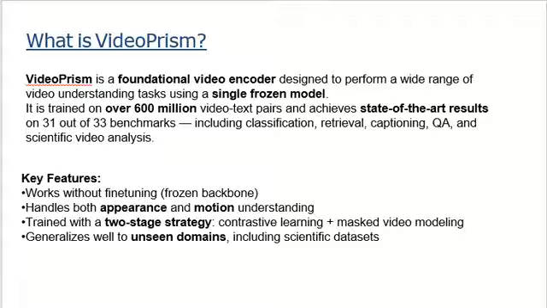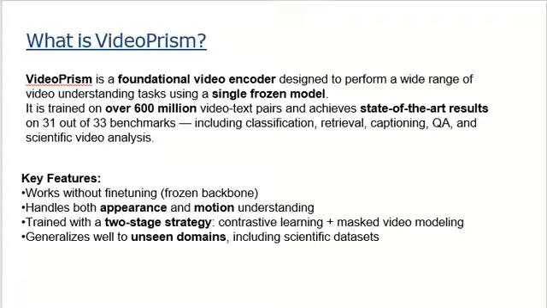Next, talking about the key features. So, what are its core features? First of all, no fine tuning is required. It acts as a plug and play encoder across multiple tasks. Dual understanding: it captures both appearance, like scenes and objects, and motion, such as actions and temporal changes.